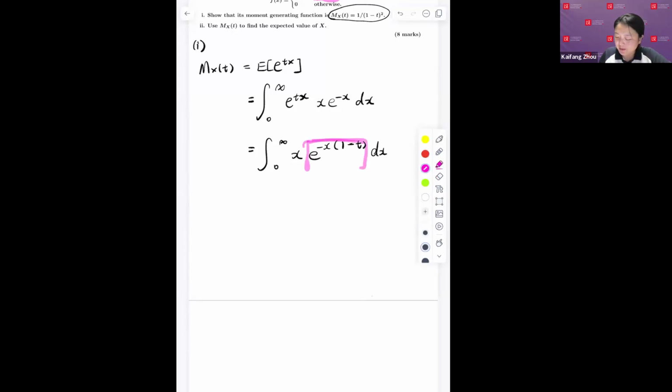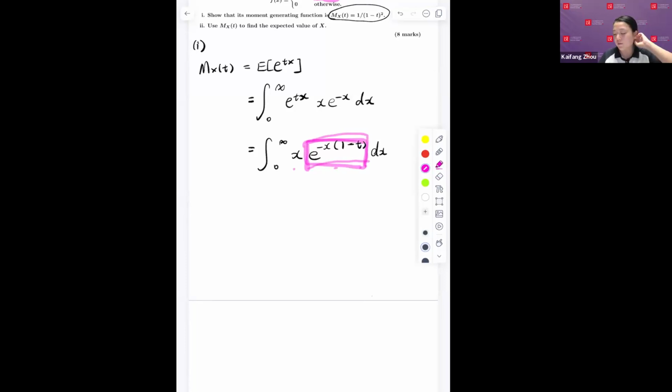If I look at this term, it looks a bit like part of an exponential distribution. So if I can construct an exponential distribution with this, then I have x times the exponential distribution. For the exponential distribution, the possible values are greater than or equal to 0 as well.